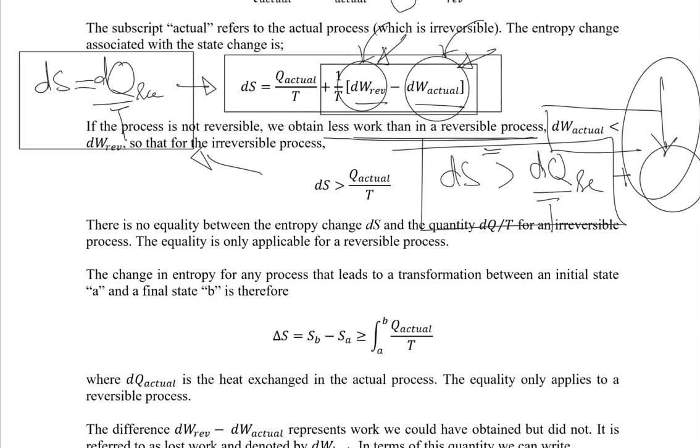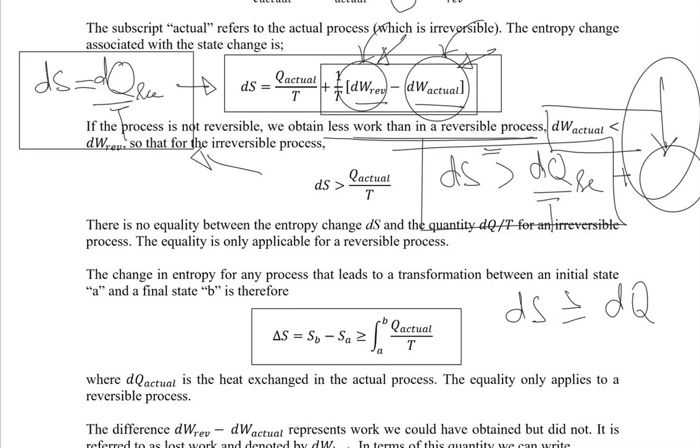So the change in entropy in any process is actually a transformation between any two states. It will be greater than dq by T, and that's what the second law also says: ds is equal to or greater than dq by T. Remember from the last lecture, equality holds when the process is reversible, and greater than when the process is irreversible.